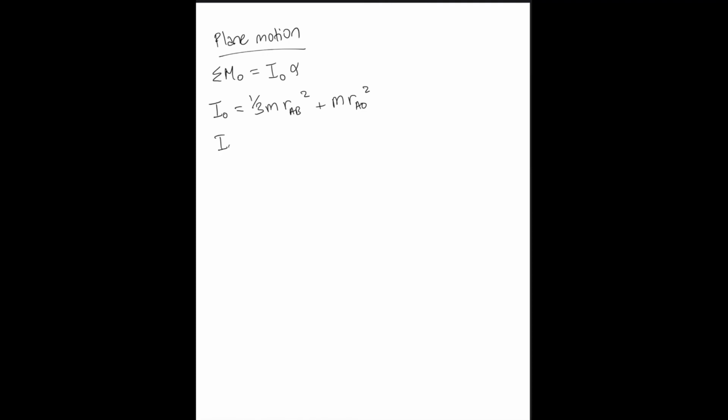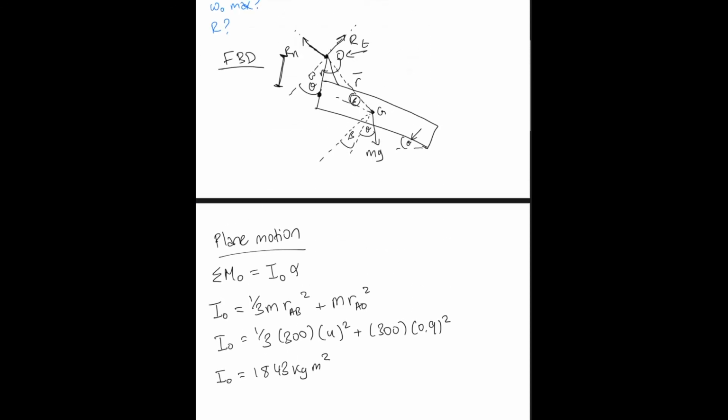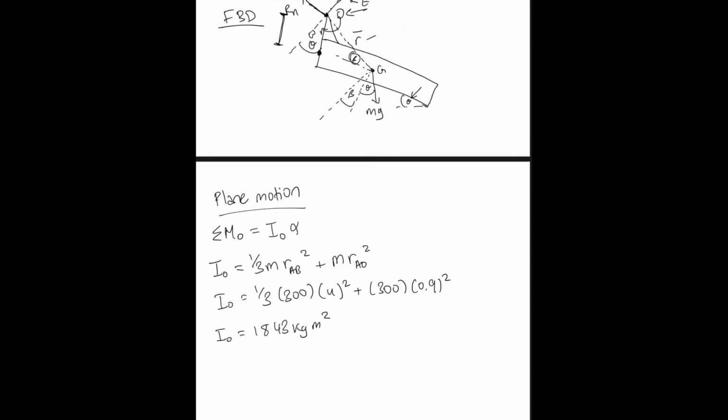And since we already have all of these values, we can plug them into this equation to get a rotational inertia of 1,843 kilograms meters squared. Now, since we found the rotational inertia, let's try to also find R and beta.